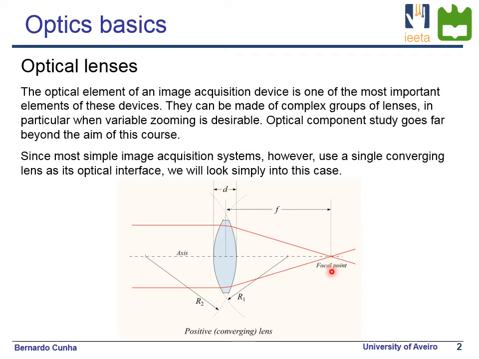The focal point is therefore one of the most important characteristics of a lens, and in particular the focal point distance, which is the distance between this point and the rotational axis of the lens itself.